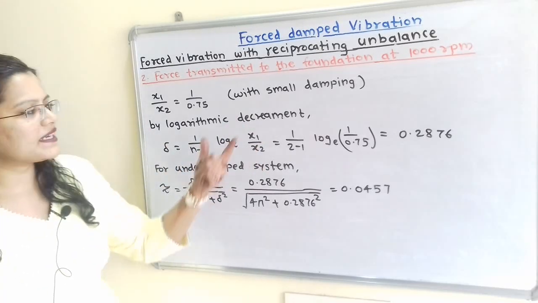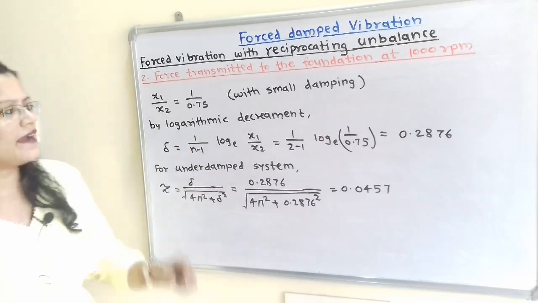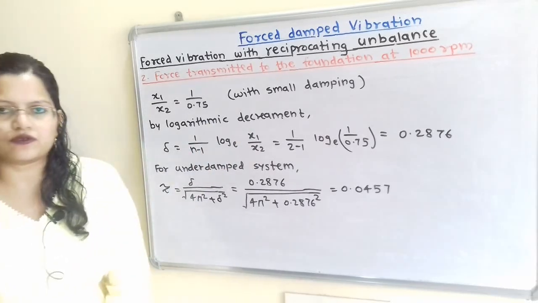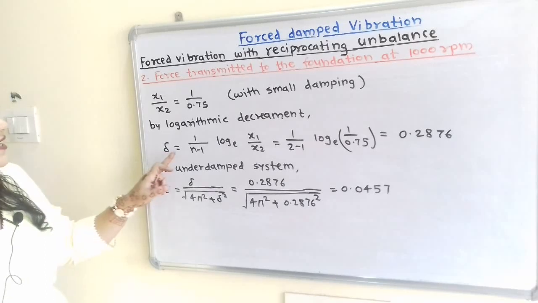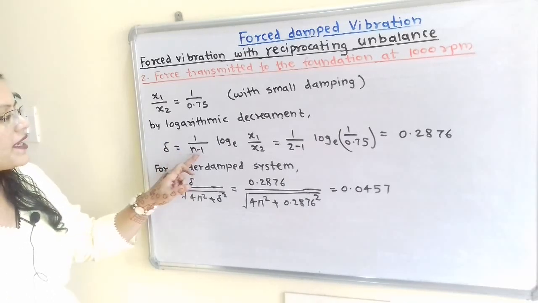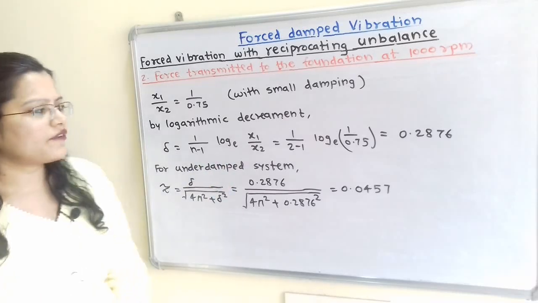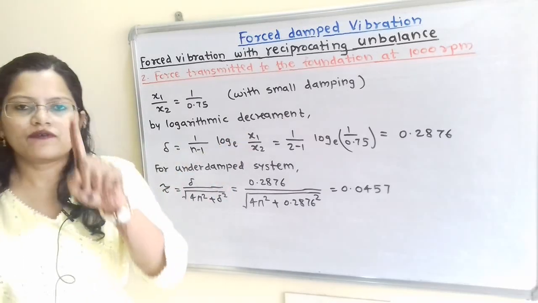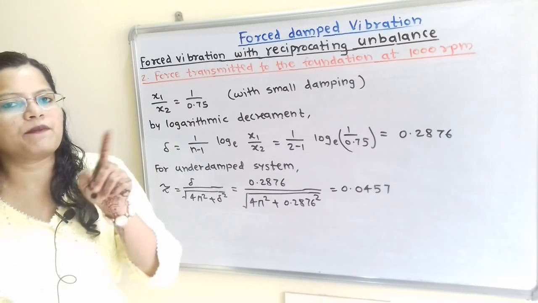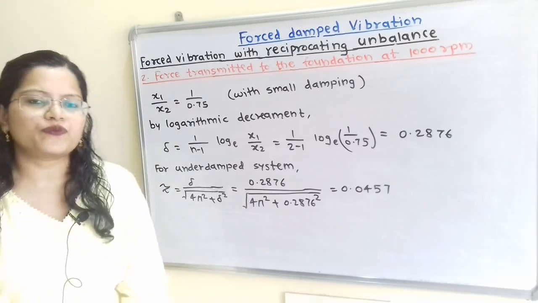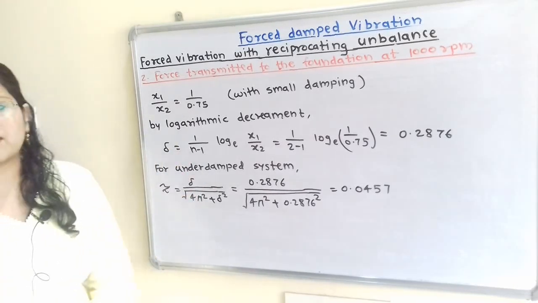The logarithmic decrement formula is applied to the successive amplitudes, and the formula is delta is equal to 1 divided by n minus 1, log to the base e, x1 by x2. Here the first amplitude is with suffix 1 and the final amplitude is with suffix 2, so the value of n is equal to 2.